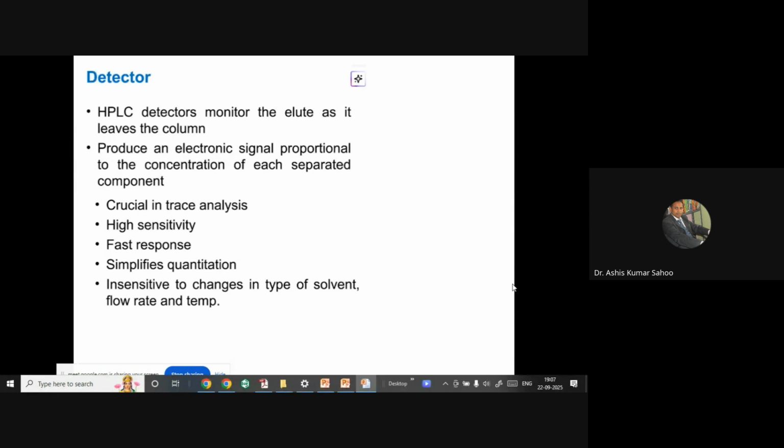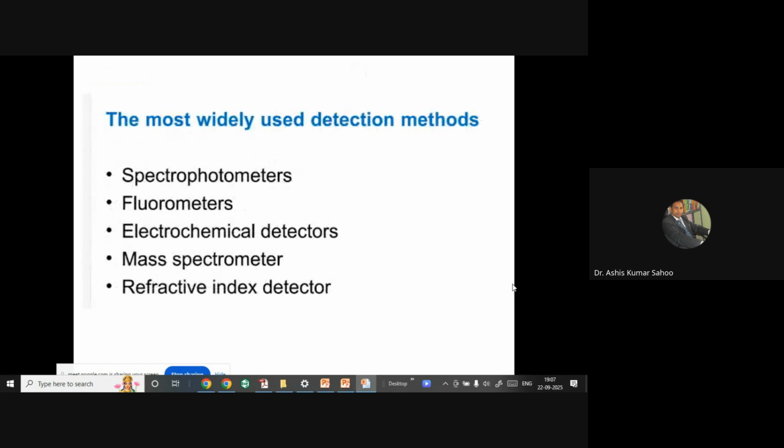So these are the detectors, the most widely used detection methods. What are the different methods used? Spectrophotometers, fluorometers, electrochemical detector, mass spectrometer, refractive index detector.